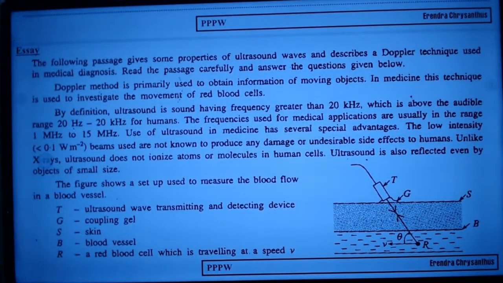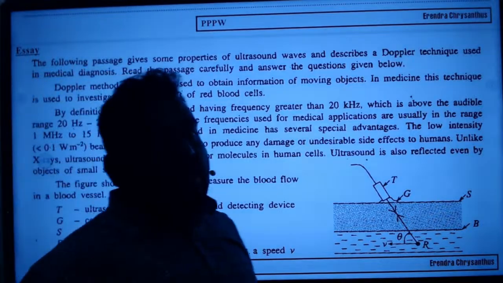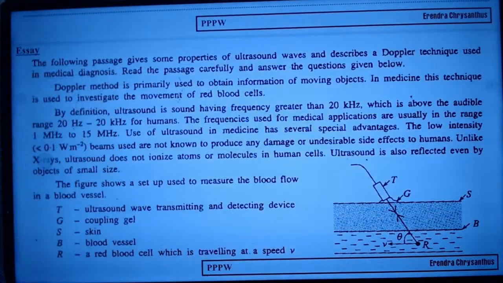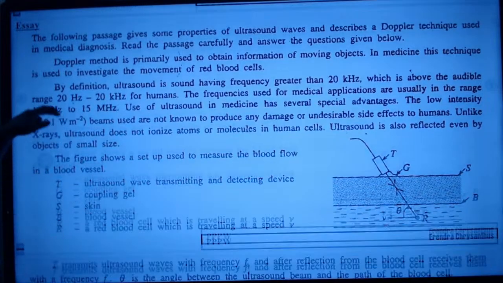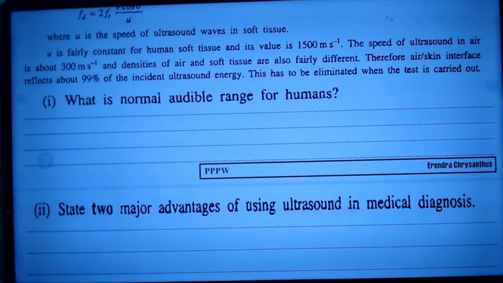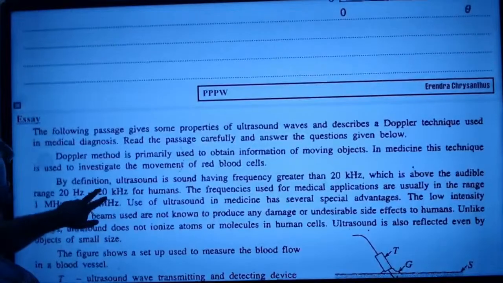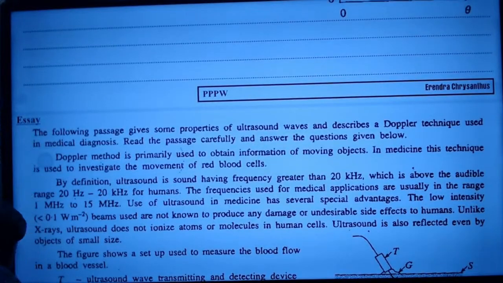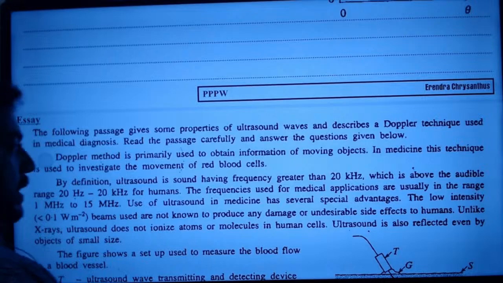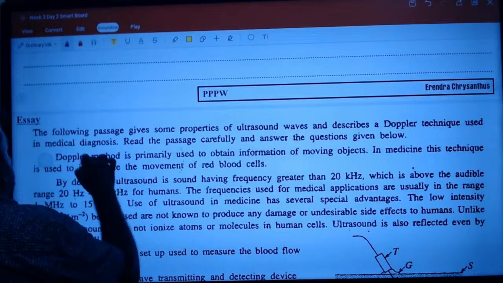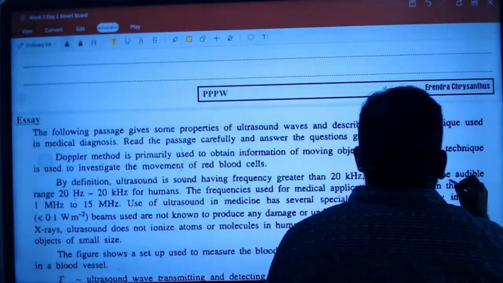Okay, now passage question. Now the trick or the art of doing the passage question is never read the passage fully. So what you should do is go to the question and then find the answer here. What is the normal audible range for humans? Go and see what they are saying. So by definition, audible range is between 20 Hz to 20 kilohertz.